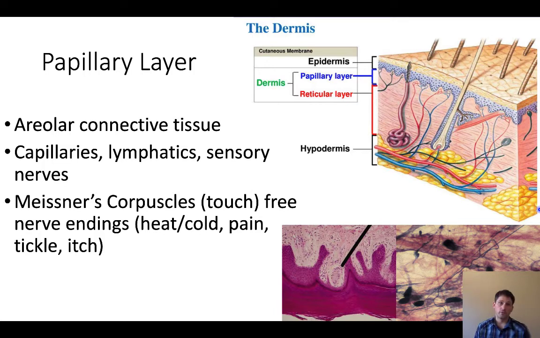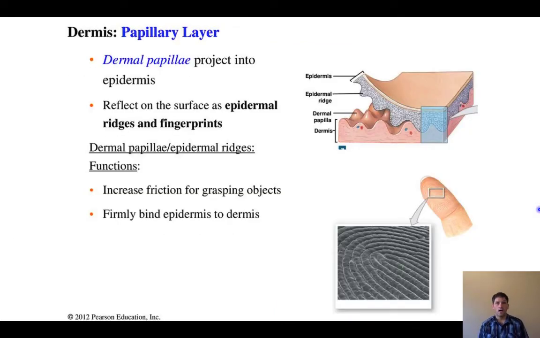Okay, great. The dermal papilla then, again, we talked about this before, it's increasing surface area, but it also pushes up into the surface of our epidermis, and this is what gives us our fingerprints, and we can call those friction ridges.